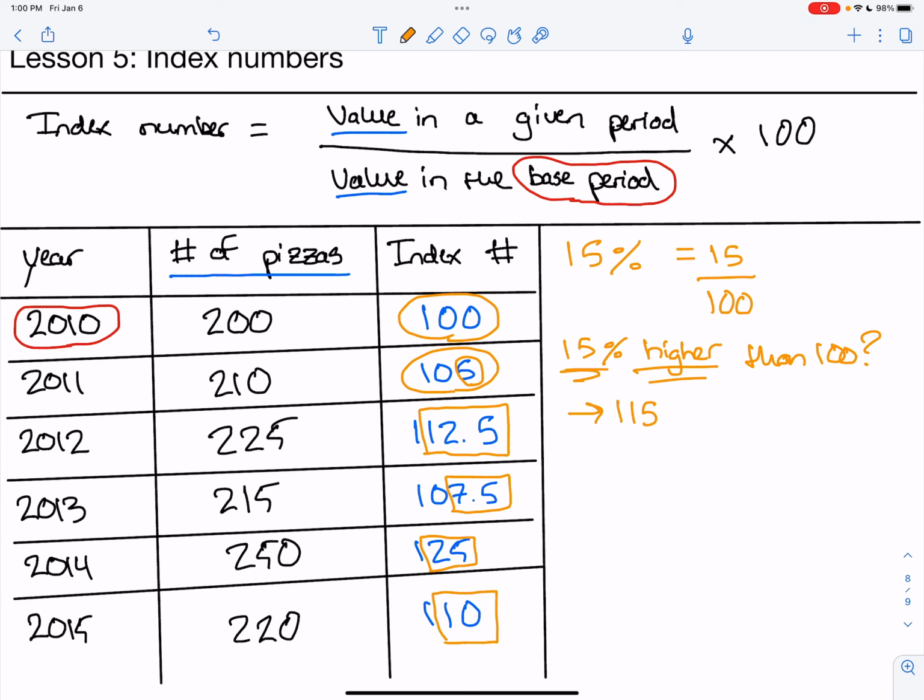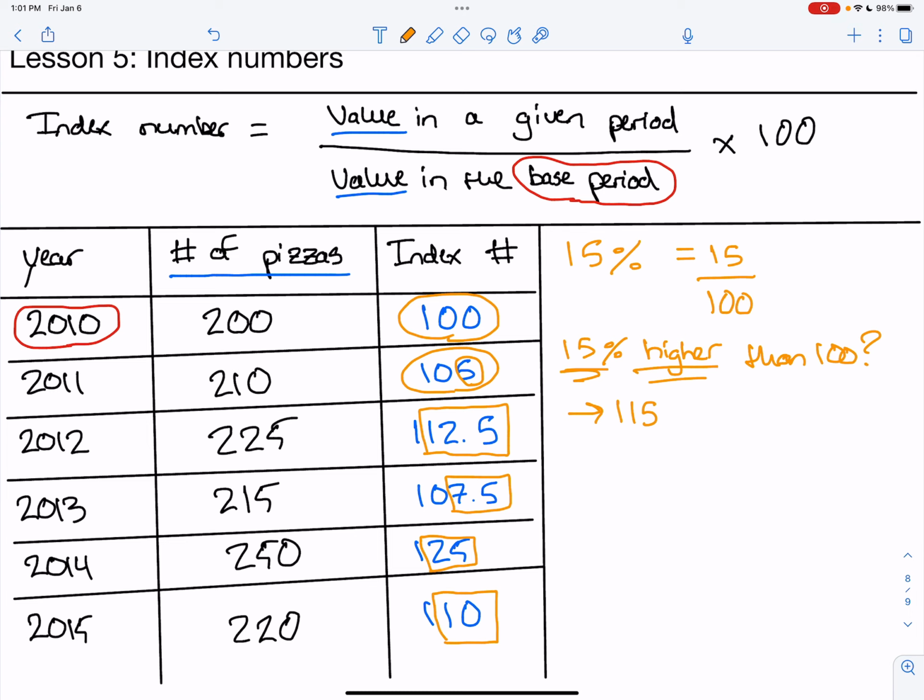Because the index number in the base year is always 100, and because it's very easy to see visually by how many percentage points the number 100 has increased, if you just have the number that says 100 and something, that something will be the percent increase. Index numbers become very useful for determining percentage increase.